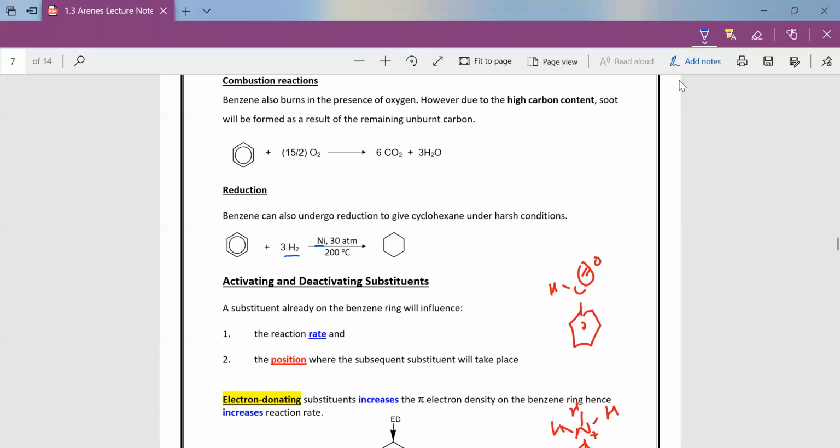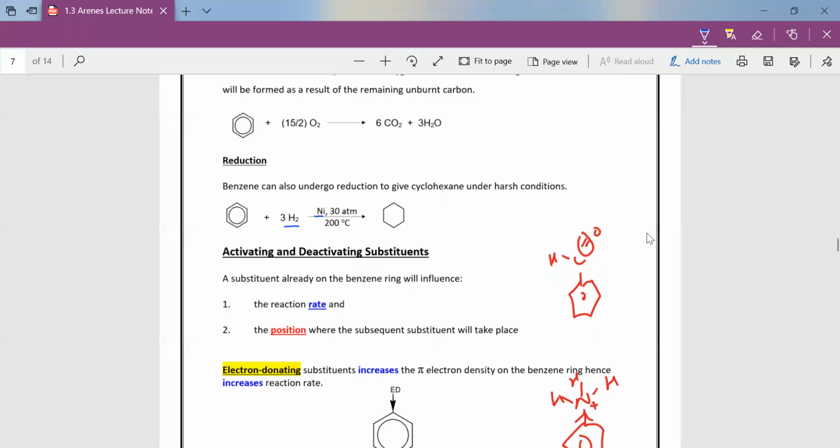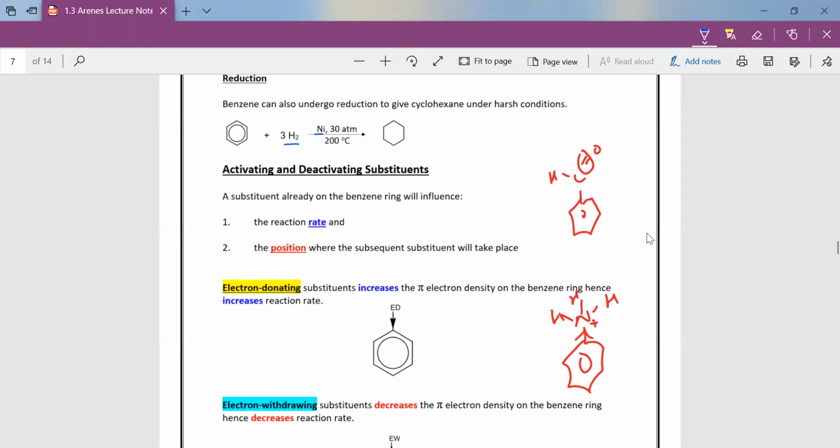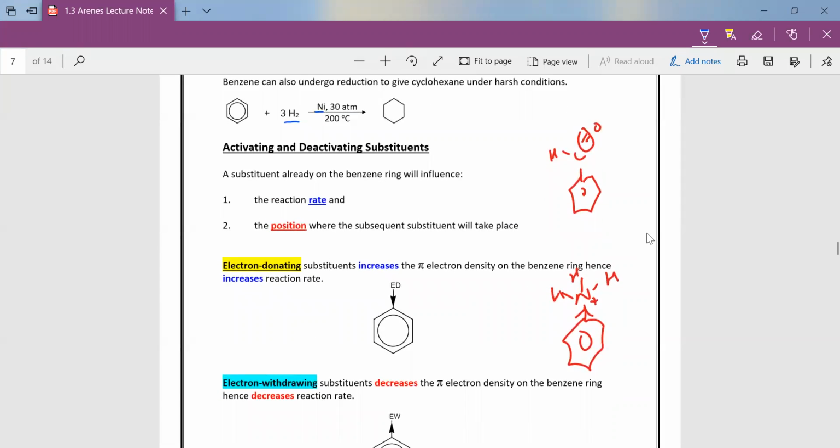All right, now we move on to talk about activating and deactivating substituents. A major part of benzene ring chemistry is about finding out what a substituent will do to the rate of reaction and the position of subsequent substitution on the ring, once it's on the ring itself.